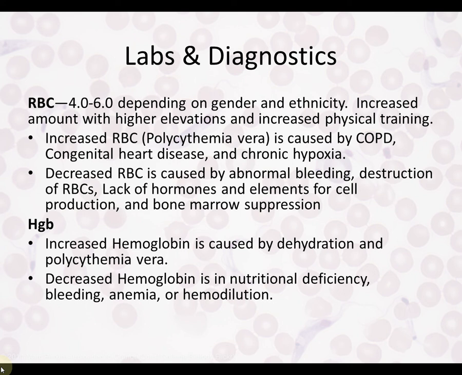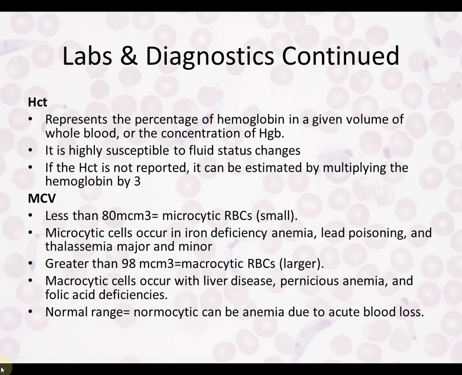Hemoglobin is reduced in the case of nutritional deficiencies, bleeding, anemia, or hemodilution. Volume depletion or dehydration or polycythemia vera in turn causes hemoglobin to increase.